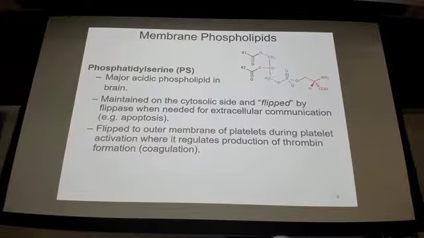And when it's found extracellularly, it's a signal to our body that that cell is toxic, so that will trigger our body to undergo apoptosis. It's where the cell is programmed to die and to be removed from our body because it has some type of function that is not good for the body.